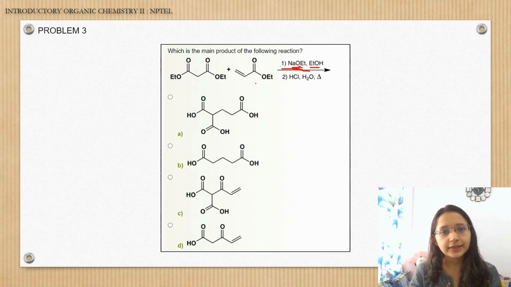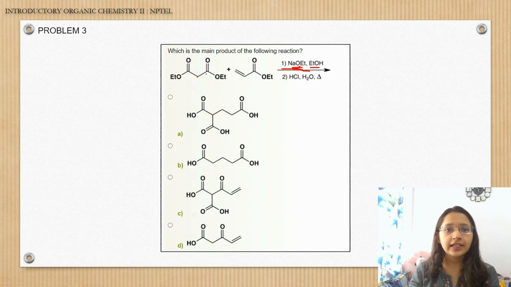See, an acidic hydrogen is a hydrogen which is attached to a carbon which is electron deficient, right? It is not electron rich. So when you take this carbon here, and conjugation is there, two electron withdrawing groups are connected to this particular carbon.